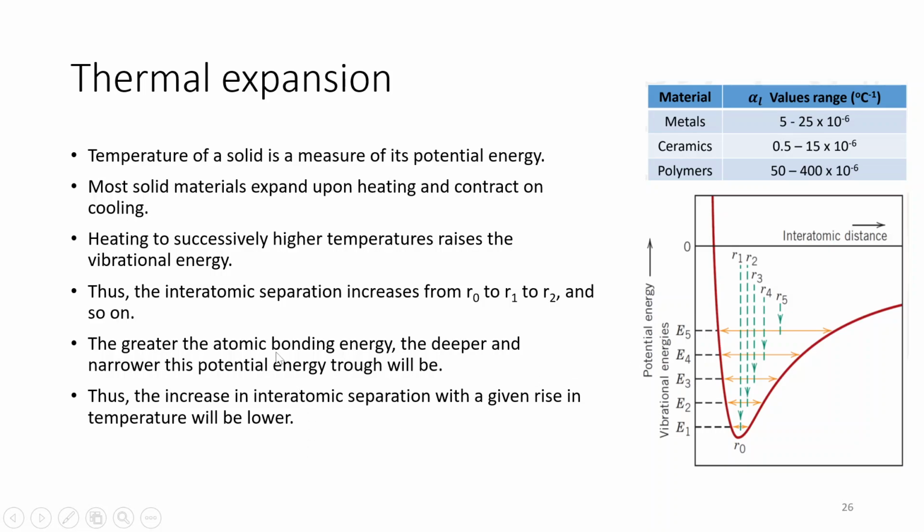The greater the atomic bonding energy, the deeper and narrower this potential energy trough will be. Thus the increase in interatomic separation with a given rise in temperature will be lower. These are the alpha l values. For metals it is 5 to 25, for ceramics it is 0.5 to 15, and for polymers it is highest, 50 to 400.